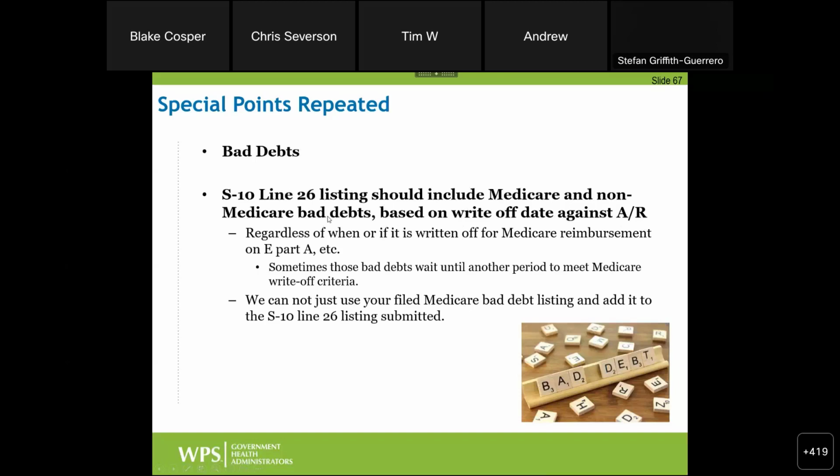The example there is that you reported it, say in November of 2020, as a write-off against your accounts receivable, but then you sent it to a collection agency and waited maybe 6 months, 9 months, a year, and it was finally returned and you could finally report it for Medicare. That's going to be in a different cost reporting period. That situation can happen. Line 26 is all about GAAP-based write-off, whereas Medicare Part A, Part B, of course, is about Medicare policies for write-off.